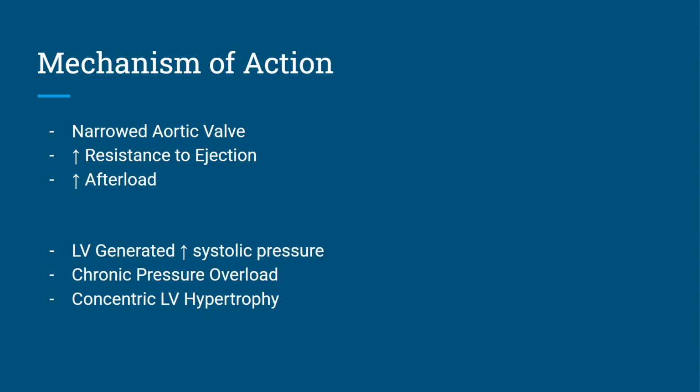So in the previous video we mentioned LVH, and it's a similar pattern of growth. The cardiomyocytes will, the sarcomeres will grow in parallel and not in series, which will increase the wall thickness and decrease the wall stress.